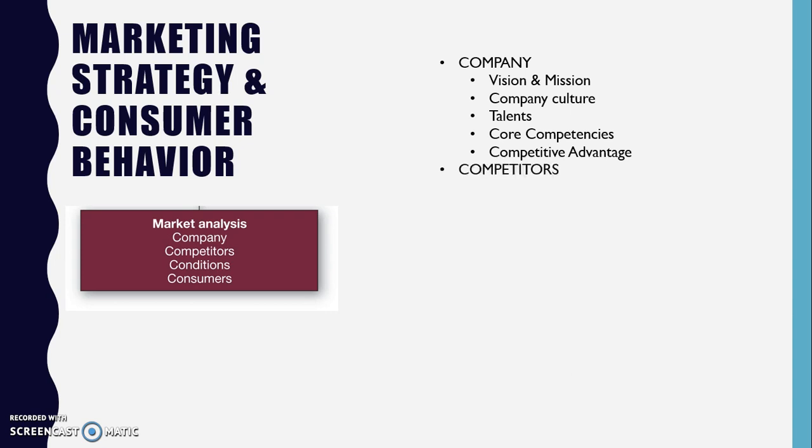Next, if we talk about competitors, there are 2 different competitors: direct and indirect. If we talk about direct competitors, it means other companies that have the same core product as yours, and they play in the same market as yours also.